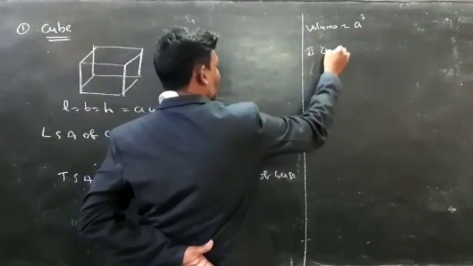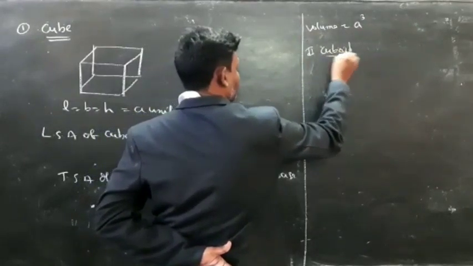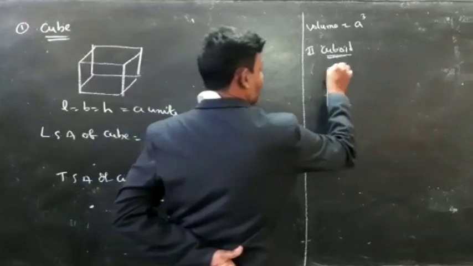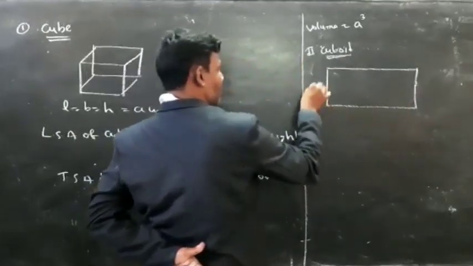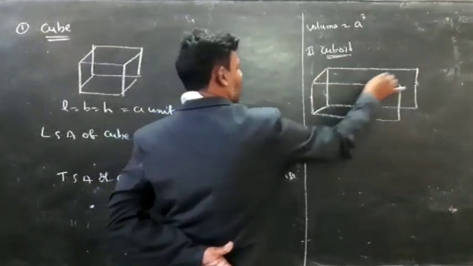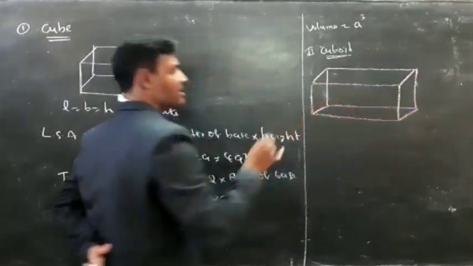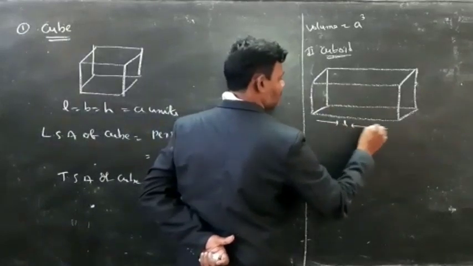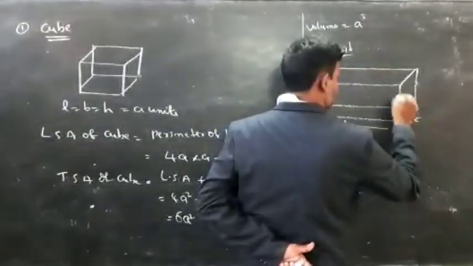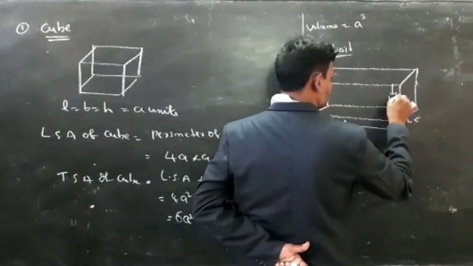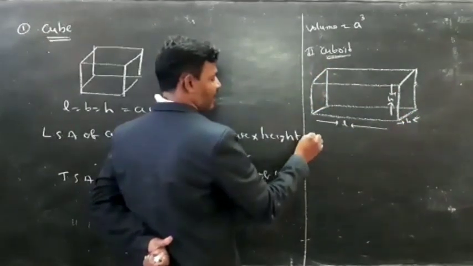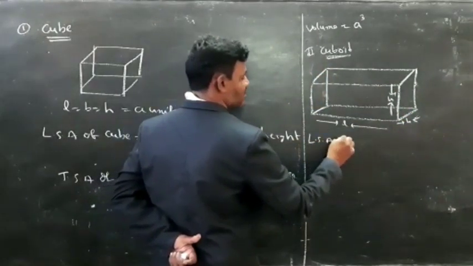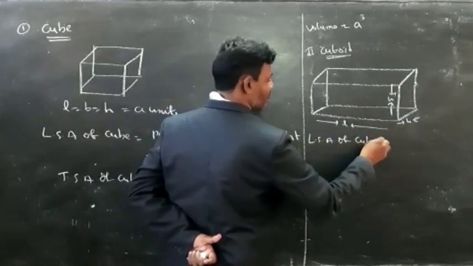Second, I am going to take one cuboid. The base of the cuboid is nothing but a rectangle. Here, this is length, this one is breadth, and this one is height. First of all, I need lateral surface area of cuboid.